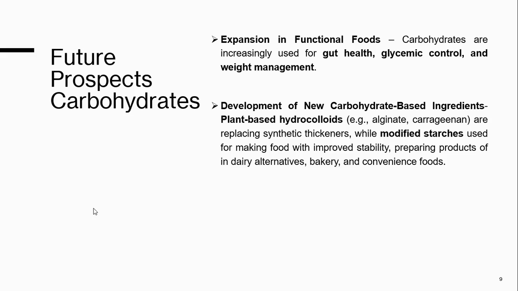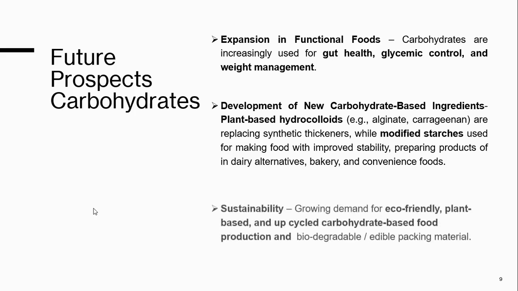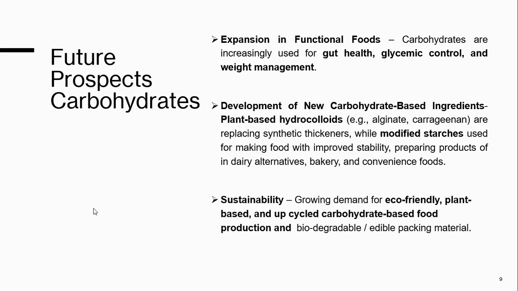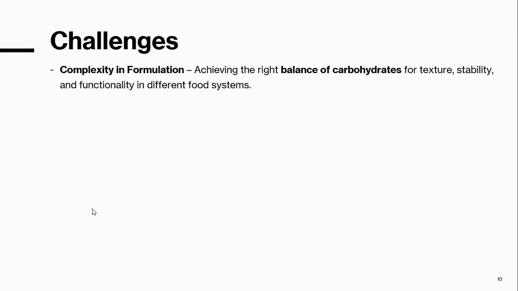They are used as an ingredient in developing carbohydrate-based or plant-based hydrocolloids. And they also have application in developing eco-friendly, plant-based and upcycled carbohydrate-based food production, and also biodegradable edible packaging material development.